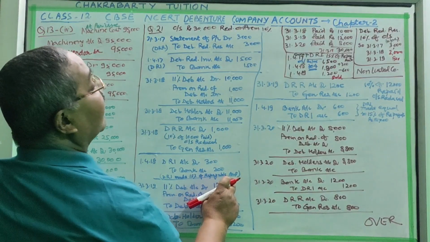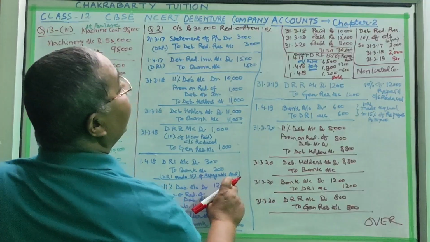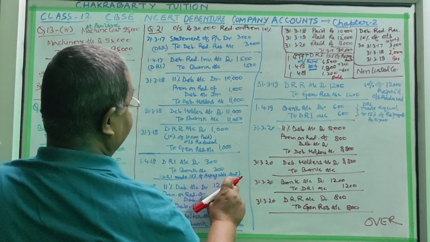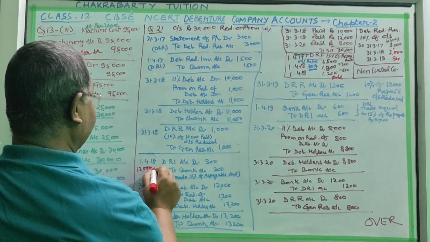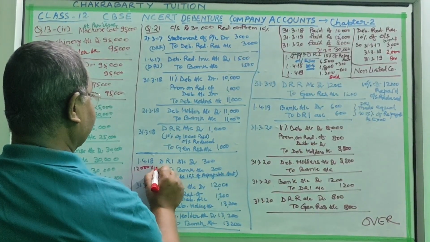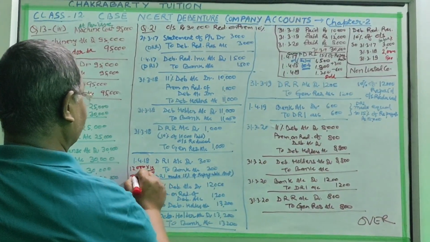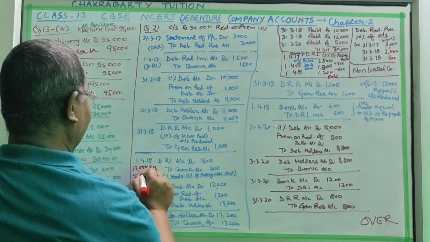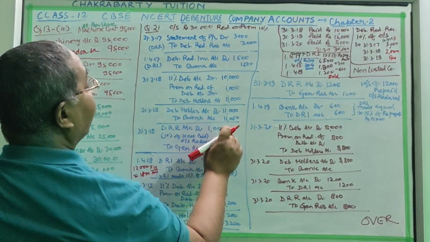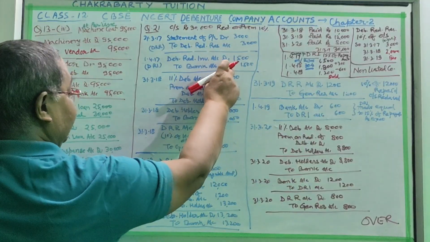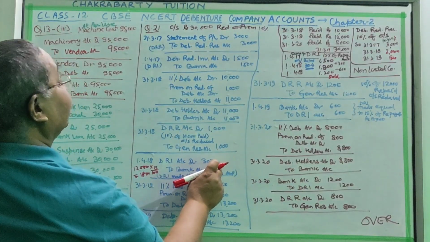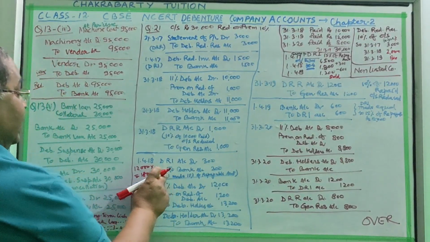Repayment amount is 12,000 and its 15% is 1,800, and already you have 1,500. So this 1,500 and this 300 will become 1,800.